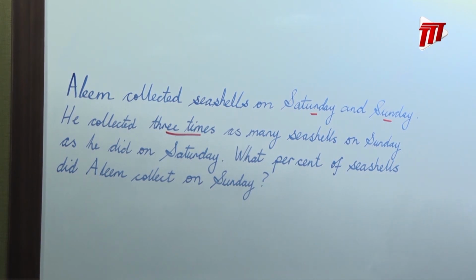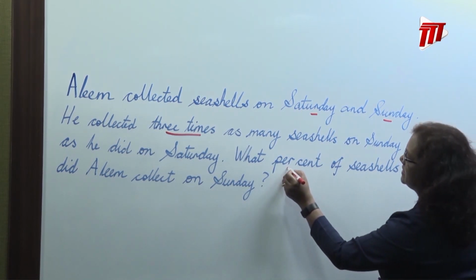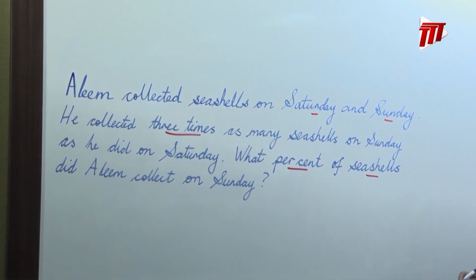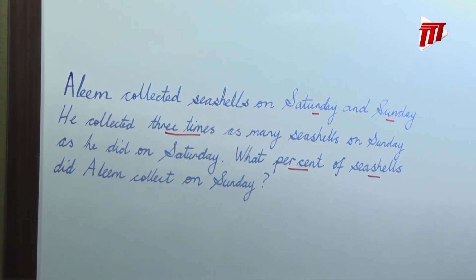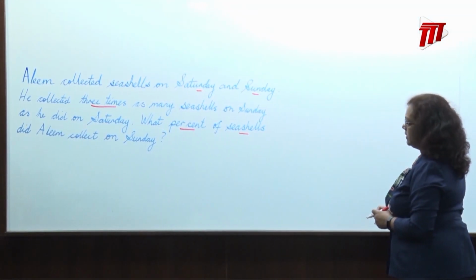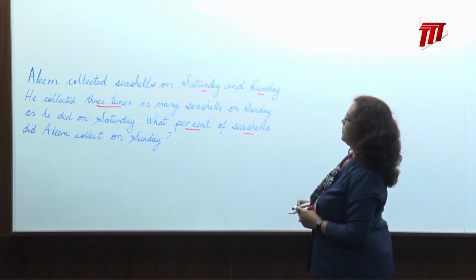And we are asked to find what percent of seashells did Aline collect on Sunday. So what is our answer going to be? Our answer is going to be a percent of seashells. And what can we do to solve this problem? So we try to devise a plan that we can use to solve this problem.